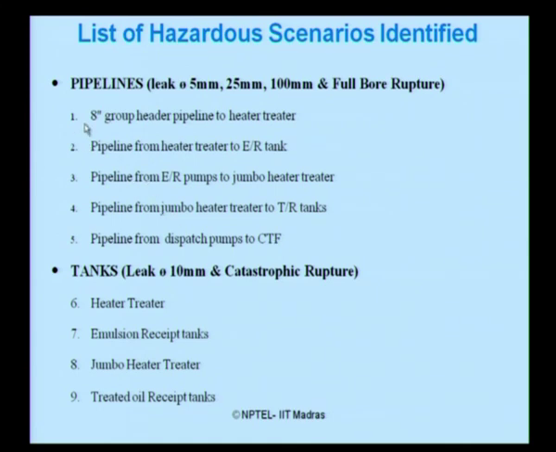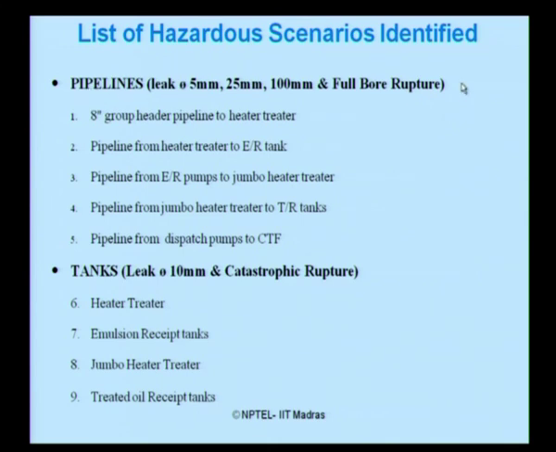So, I am looking at different segments of the pipeline in the process flow diagram, at different units located properly, and in those pipelines I am looking at different kinds of analysis varying from a 5 mm leak to a full bore rupture. Is that understood?